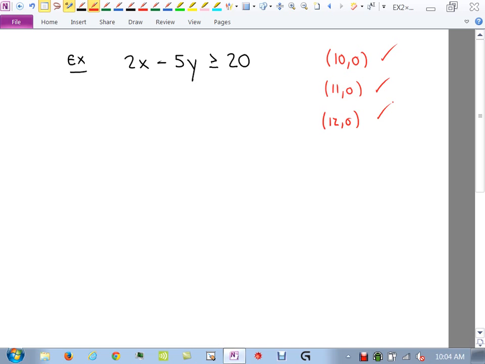Now, look at this right here. These points, 10, 0, 11, 0, 12, 0, if I were to plot those on a plane like we do with graphing lines, 12, 0 would be out here, wouldn't it? 11, 0 would be next to it. Do you all agree with that?